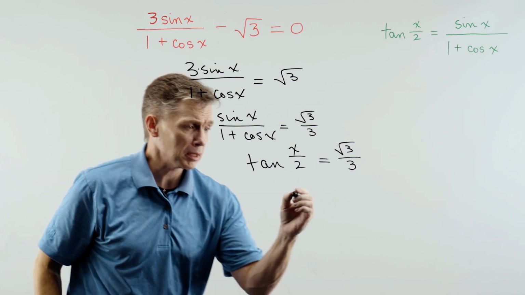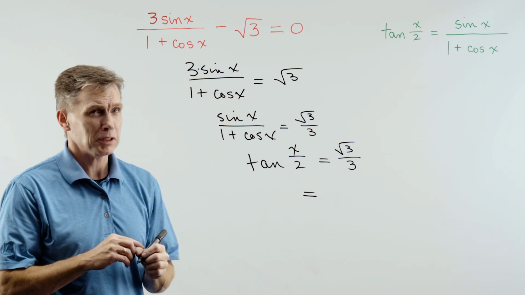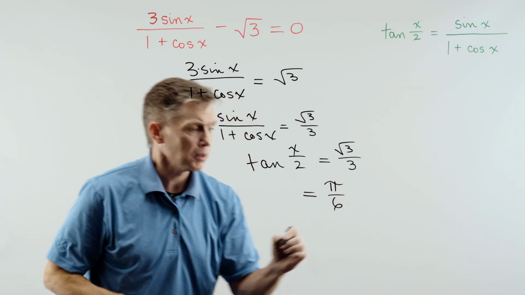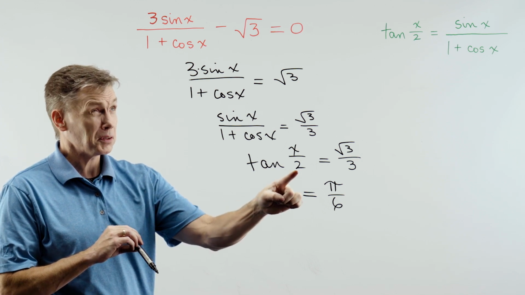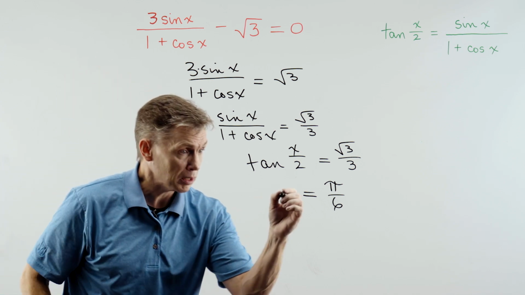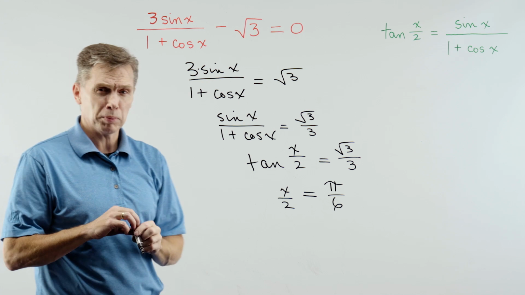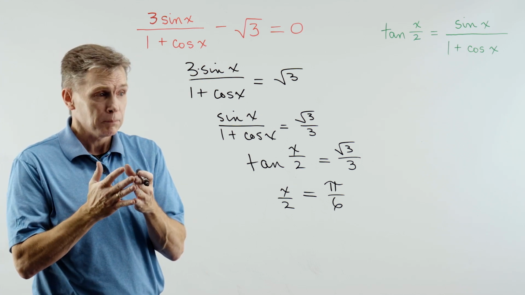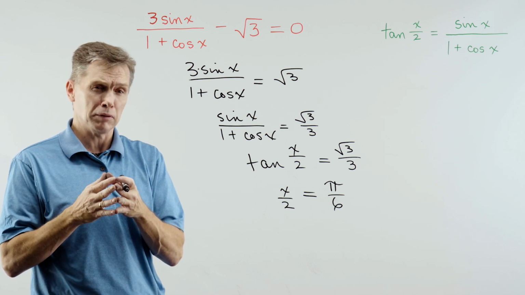I hope you're thinking that it's pi over 6. When I put it on hold for a second, that angle specifically in this problem is x over 2, so all that means is that x over 2 equals pi over 6. So when the tan of some angle equals square root of 3 over 3, we know that angle is pi over 6.